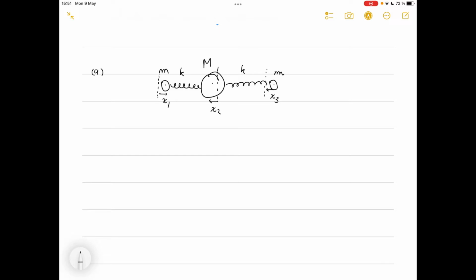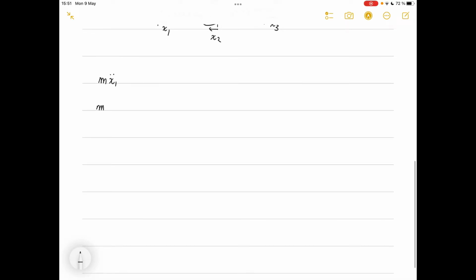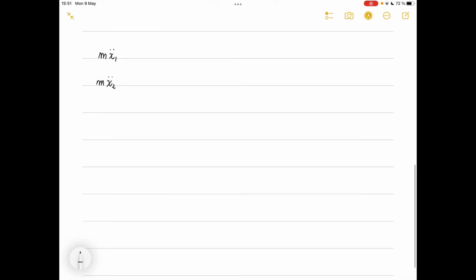So we have three particles, so we'll have three equations of motion. We can write one for x1, m x1 double dot, another one for x2, then another one for x3, which are coupled.